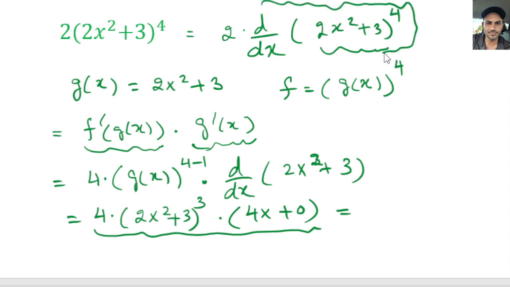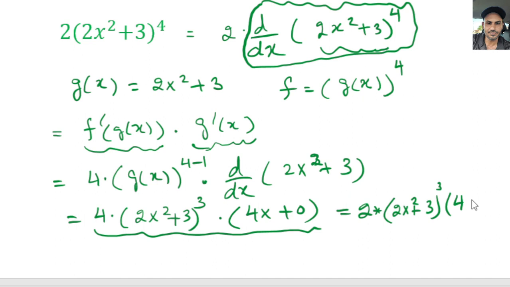And in the final answer, we're going to write 2, since there's a 2 multiplying outside, times this 2x squared plus 3 cubed, and then we have 4x, and then there is a 4 right here, times 4, I forgot.